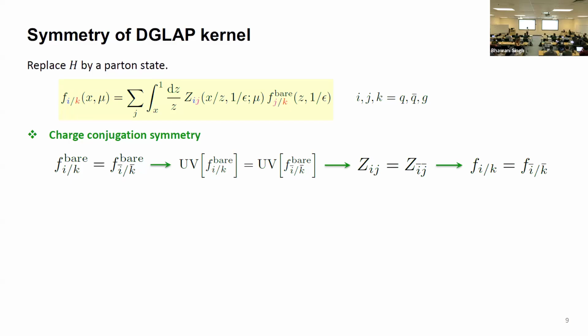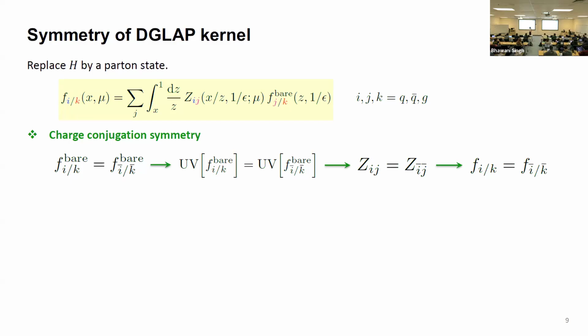So the parton i from the parton k should be the same as the parton i bar from the parton k bar. And therefore, their UV divergences are also the same. And that implies that the UV renormalization constants are also the same if we just replace the partons by antipartons.